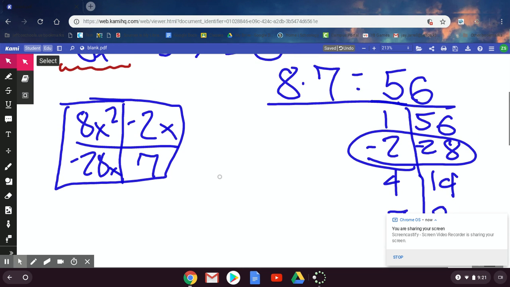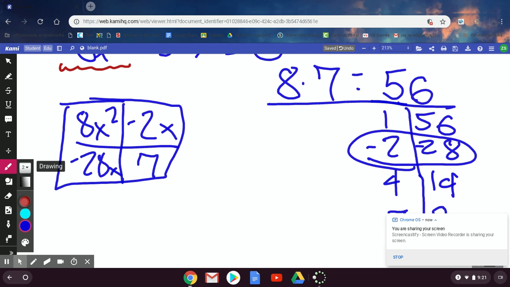Now we just have to find out what our top letters are. So what is common about the first box? Well, they both have an x, so we're going to do that.